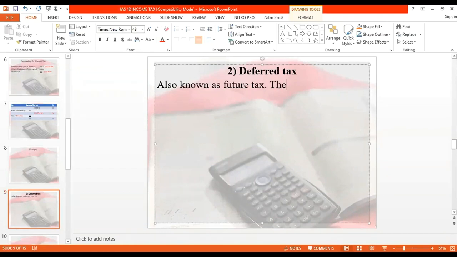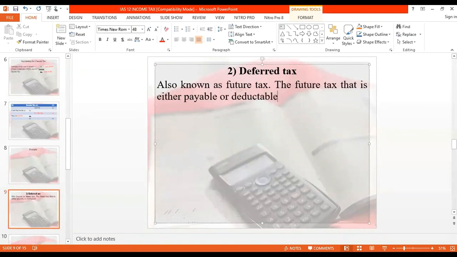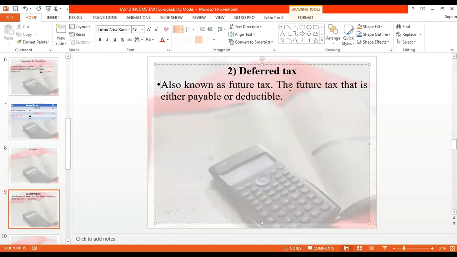That is the future tax that is either payable or deductible.